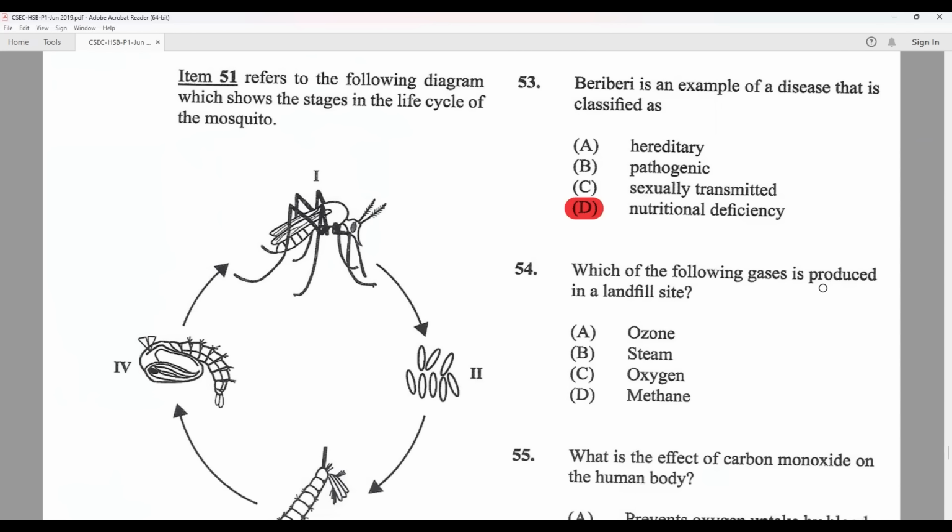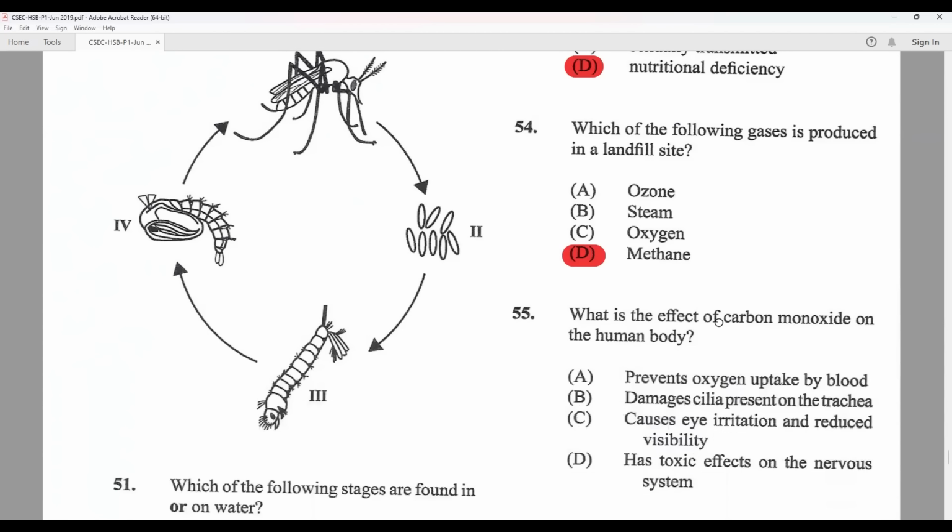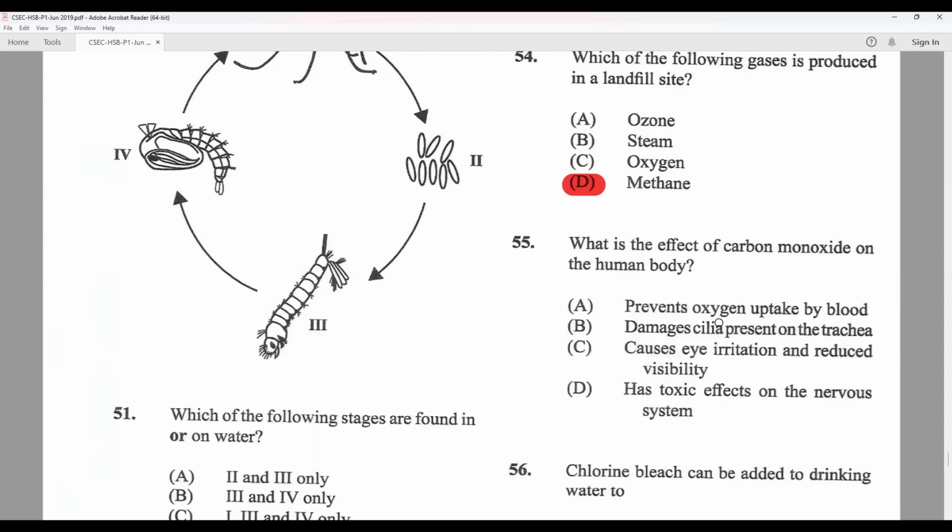Which of the following gases is produced in a landfill? Ozone, steam, methane. Once you see methane, you know that is coming from a landfill. 55, what is the effect of carbon monoxide on the human body?